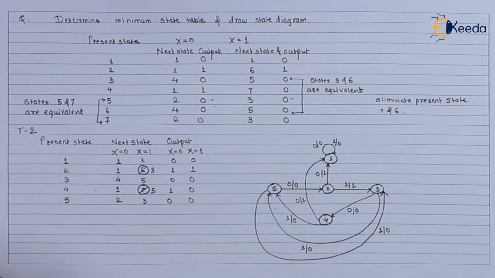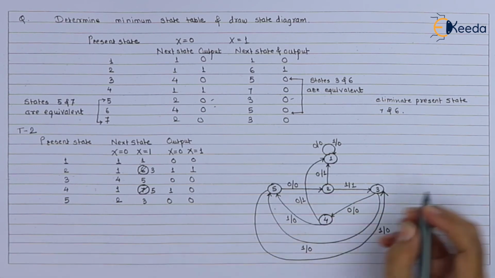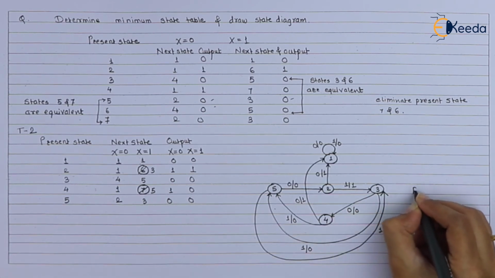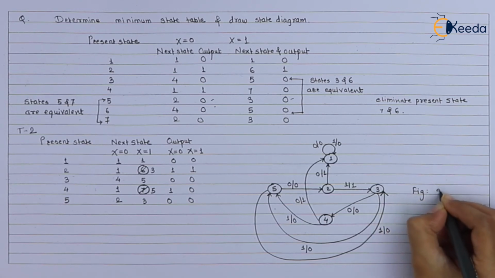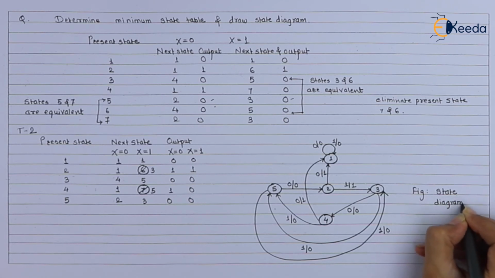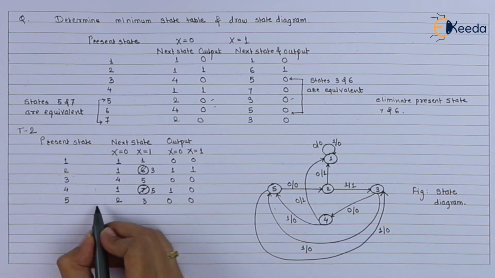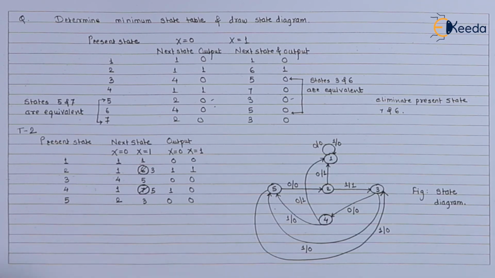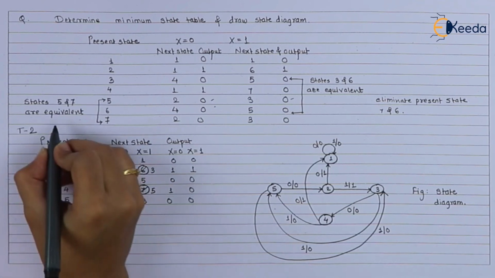So we will write 1/0. In this way you have to draw the final figure of the state diagram. This is your final minimized form of the state table.